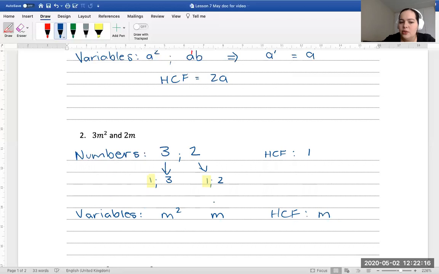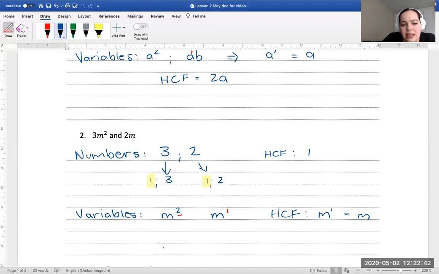There's an m in this one, and there's an m in this one. And then third step, let's assign the lowest exponent. Again, we can see that this exponent is a 2, and this exponent, because there's nothing there, this exponent is a 1. So we ask ourselves, what's the lower of the two, 1 or 2? Obviously it's 1, and we can actually just write that as m.